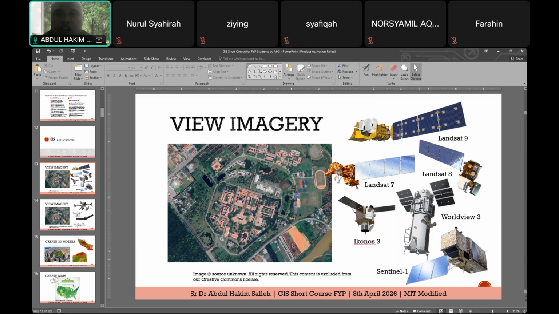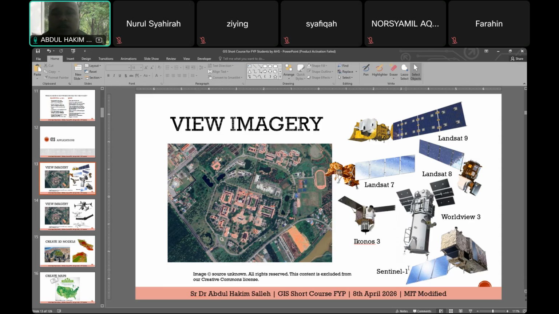Now, Sentinel-1 is one of the competitors for Landsat in giving you free data. Okay, Landsat gives you free data, but the resolution is limited to 30 meters.